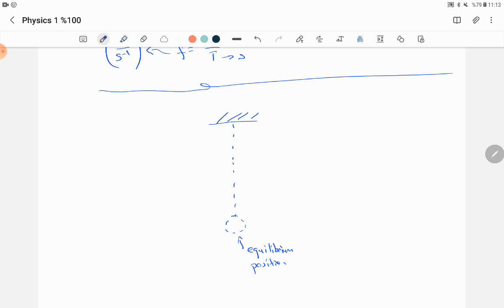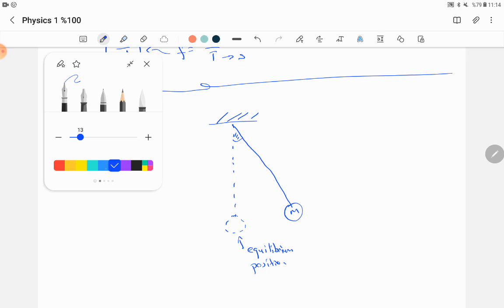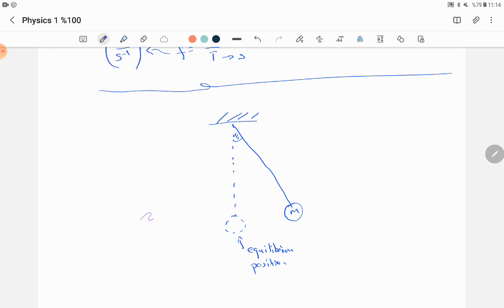If it has an amplitude, for example, at an angle, our mass makes a circular trajectory while moving.